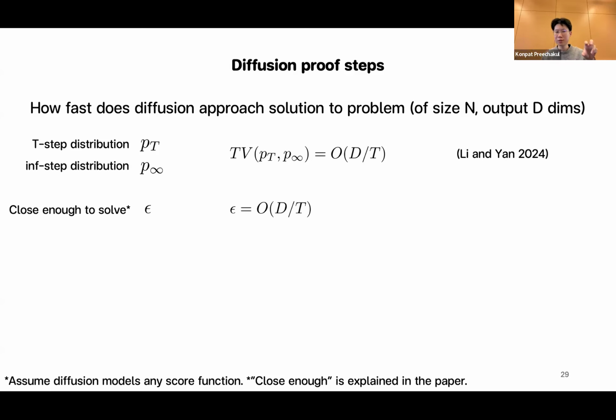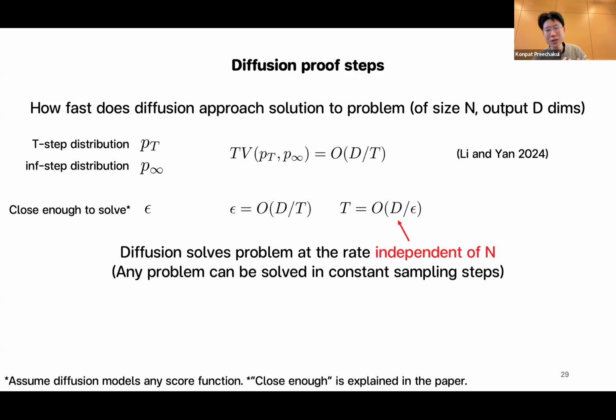So for a close enough epsilon, the acceptable error that is good enough to solve the problem, there are some more complicated details to define how you solve a problem, but you can put epsilon here and you get this big O. And if you look at it from a different perspective, it means that any problem with output of d dimensions can be solved within t steps, and this t is independent of the problem size.